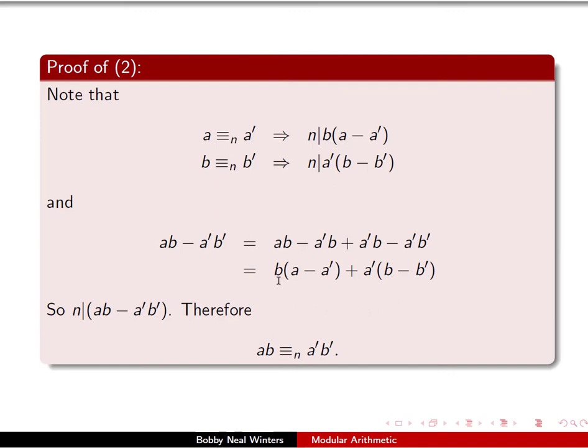And so, hey, n divides the first term, n divides the second term, therefore n divides the sum of the two terms. So n divides ab minus a prime b prime. Therefore, ab is equivalent mod n to a prime b prime.